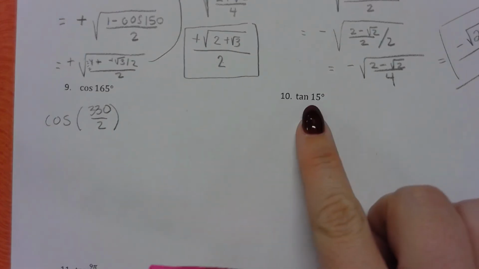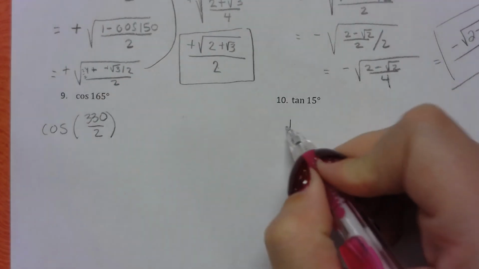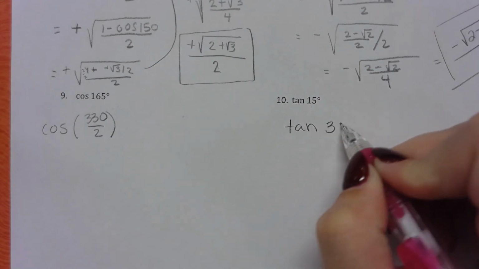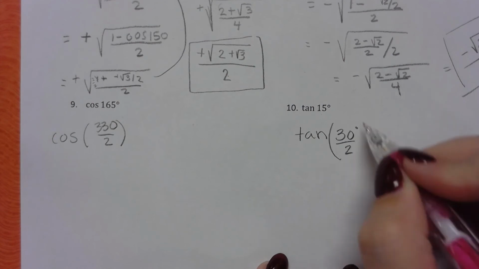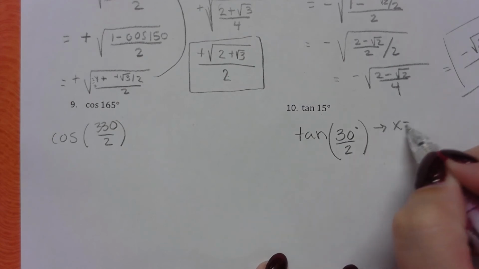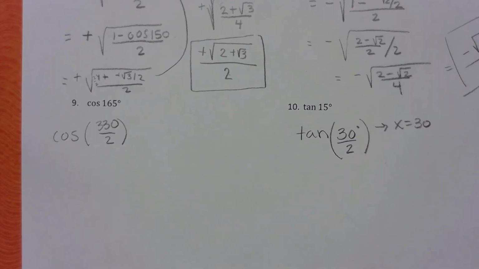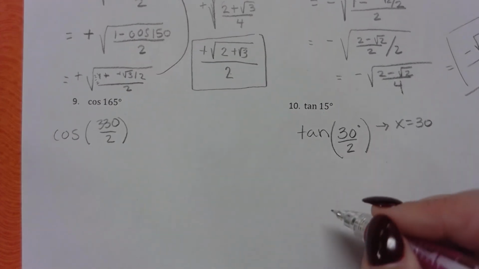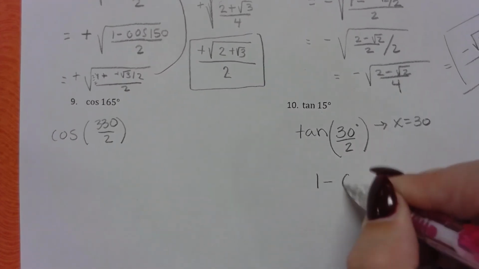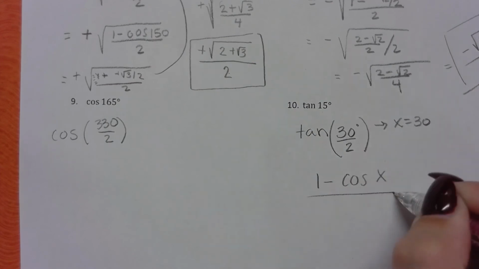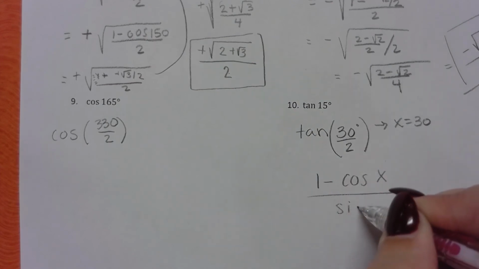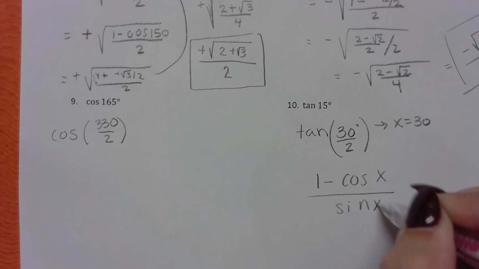I'm going to look at tangent of 15. So tangent of 15 I could rewrite as tangent of 30 degrees over 2, which is telling us x is 30. So if we look at our formula, tangent of x over 2 is 1 minus cosine of x over sine of x.